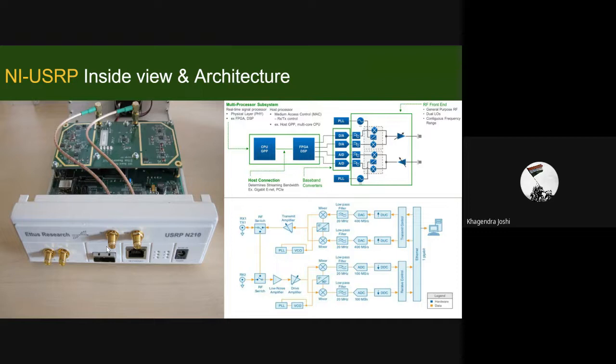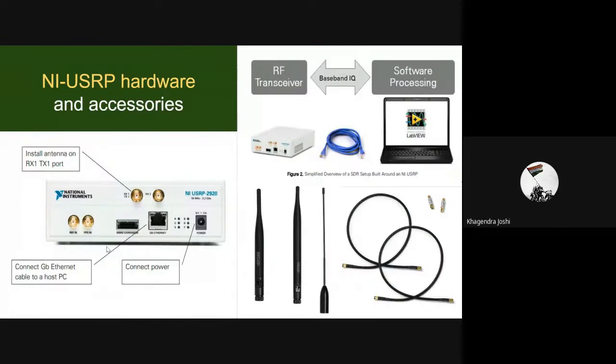This is extra information I'm providing: when you go for an NI USRP purchase, you purchase the device with a fixed frequency daughter board, right?